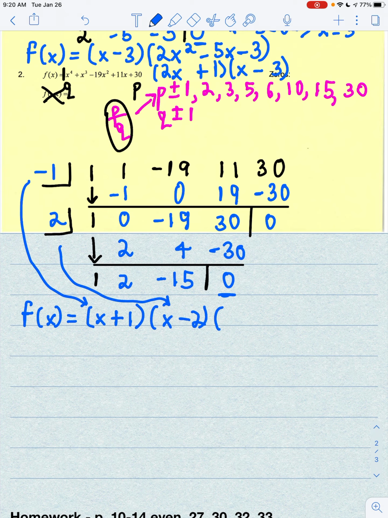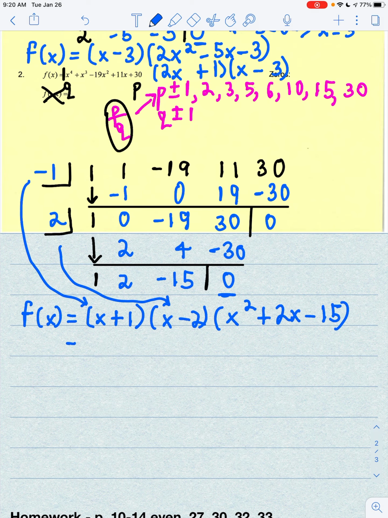And then I went from a quartic, degree 4, to a cubic, degree 3, from the first synthetic division, and then from the cubic to the quadratic from the second synthetic division. So my coefficients 1, 2, negative 15 are quadratic. That's 1x squared plus 2x minus 15.